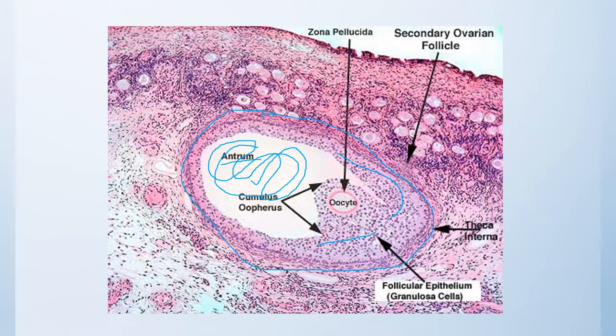As the name implies, progesterone is for gestation, for pregnancy, but the female primary hormone is estrogen. So the theca cells and the granulosa cells are the cells involved in producing estrogen, and we'll get back to how estrogen is produced later on.